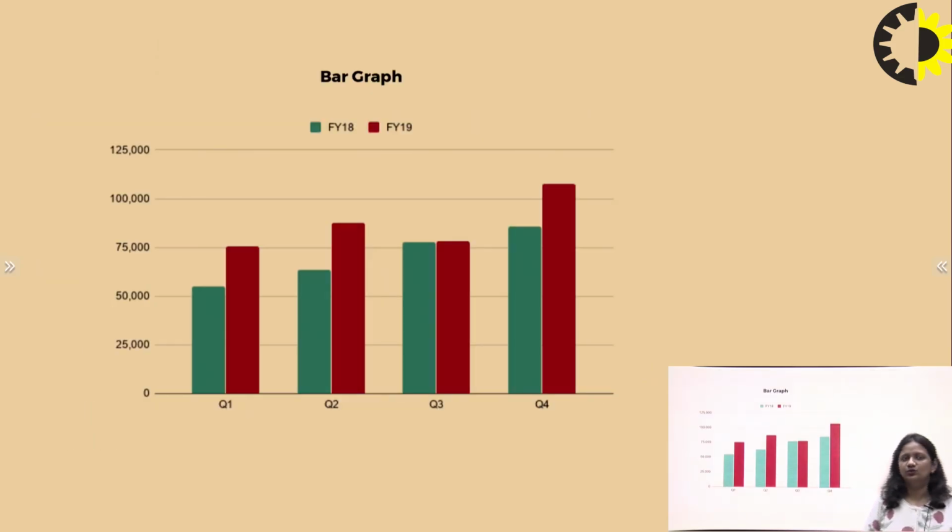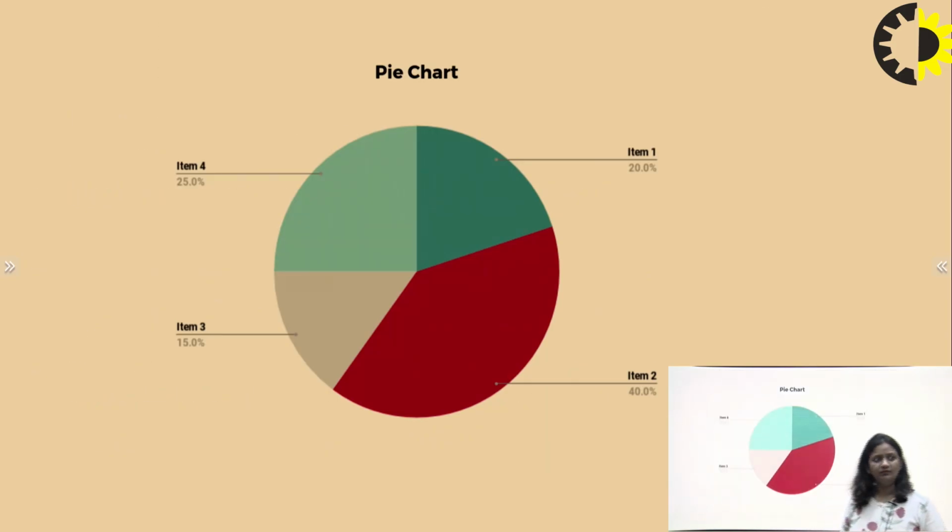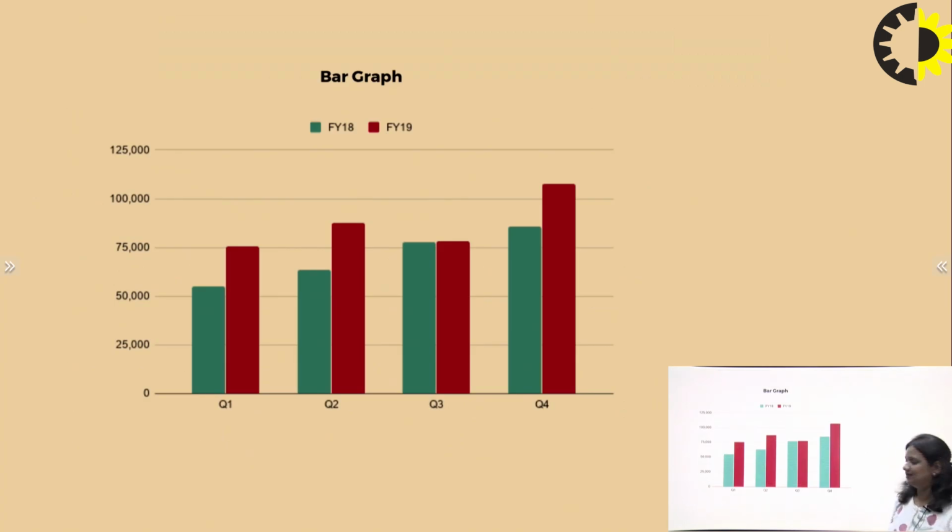Now here comes the bar graph. The representation of a bar graph is something like this diagram. On the horizontal axis, we represent our categories, category 1, category 2, and on the vertical axis we represent a measured value.